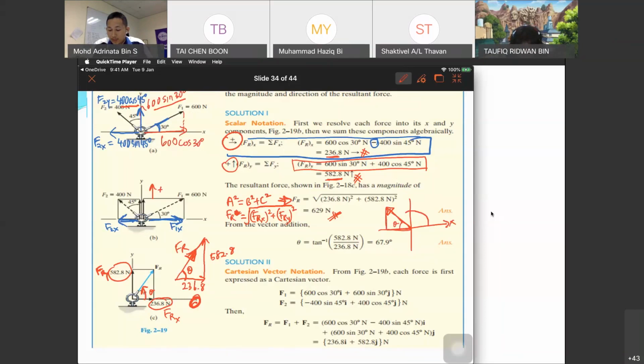So the answer should be 180 minus theta A, and you get your theta B here.